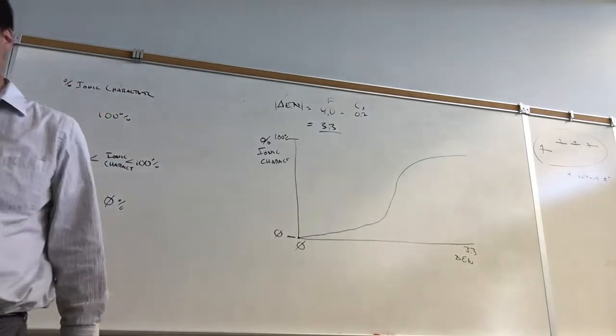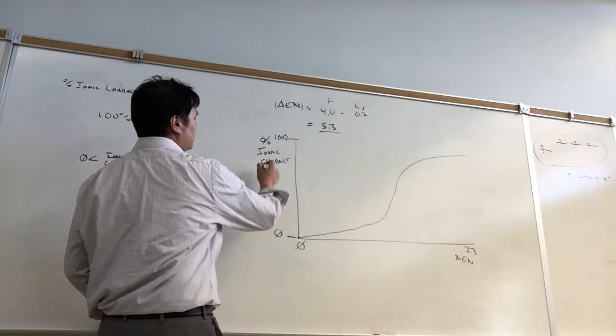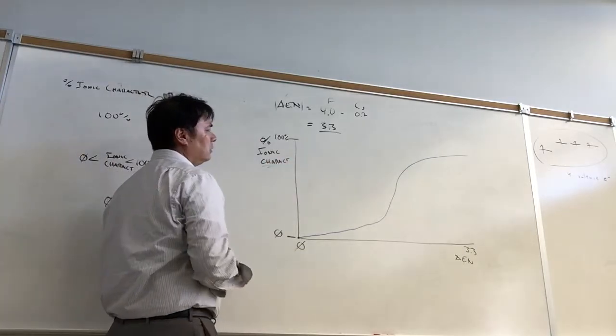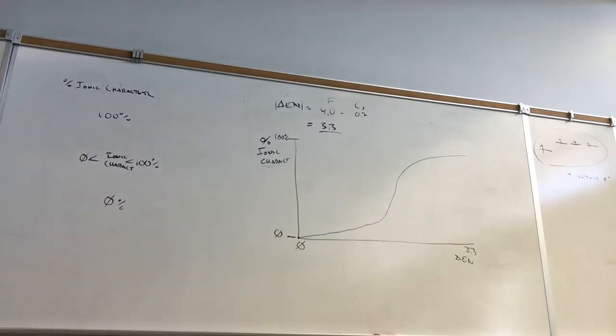But when we look at the individual data, how can you determine the percent ionic character? What are the ways to do it? There are different ways of doing it. For example, if you have a dipole, a positive pole and negative pole, there are ways you can measure that experimentally. It's called the dipole moment, and you can measure it in electric fields.